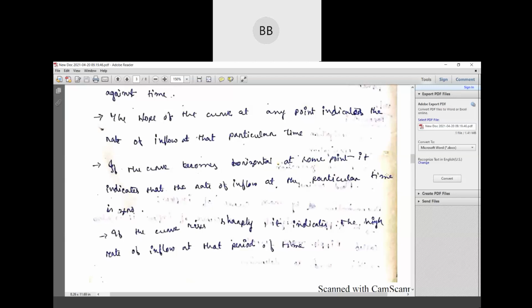Then the next point says if the curve becomes horizontal at some point, it indicates there is no rate of inflow for that point. And then the next point is if the curve is rising sharply, it shows a high rate of inflow at that particular time.